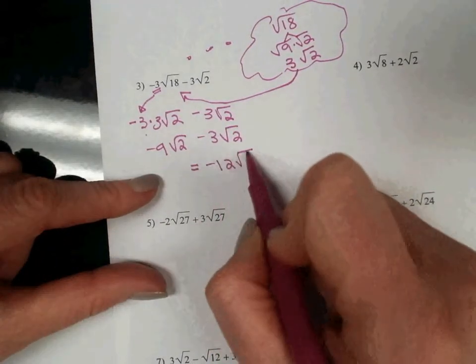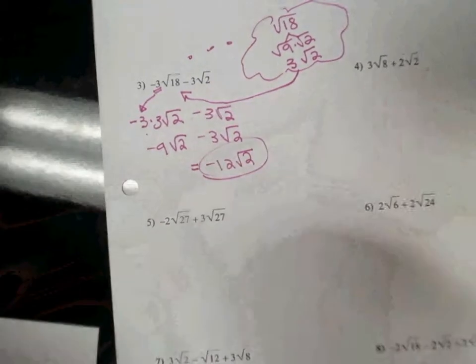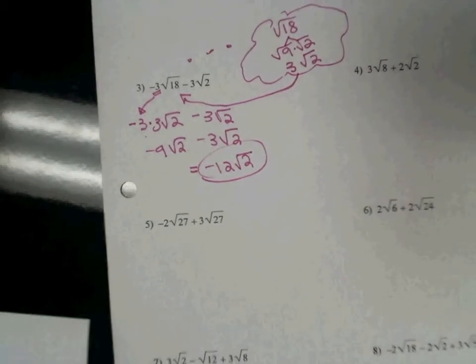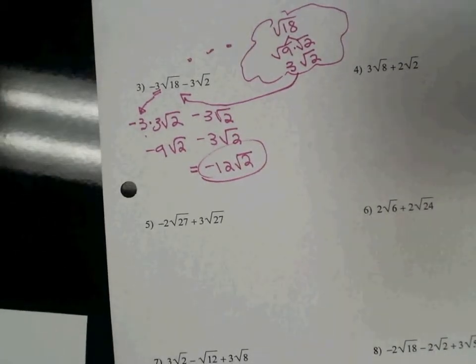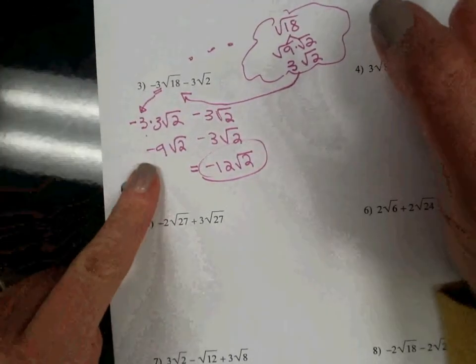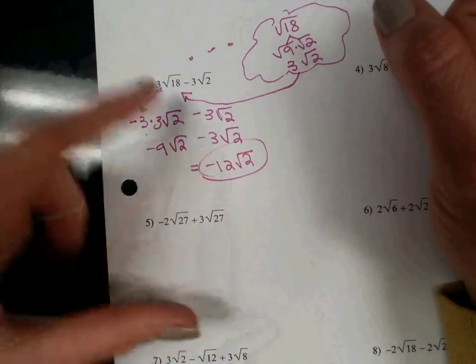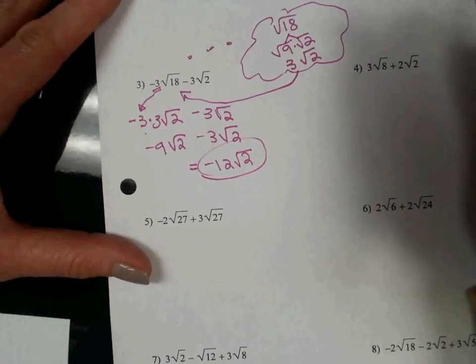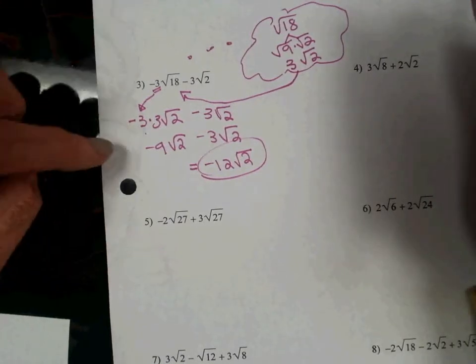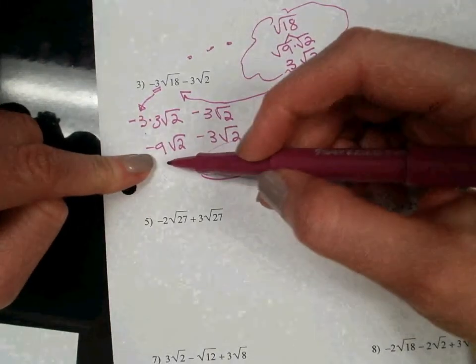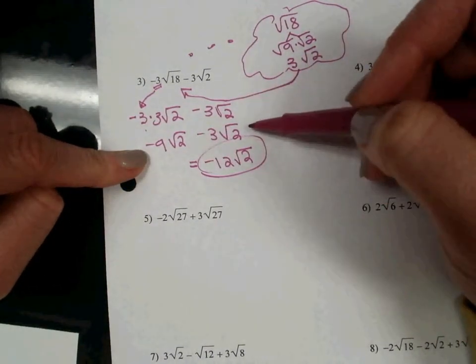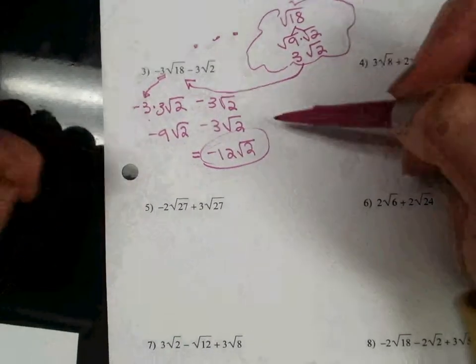So we have negative 12 radical 2. You don't change the signs or do anything to both sides. There's only one side. So we're just combining those like terms.